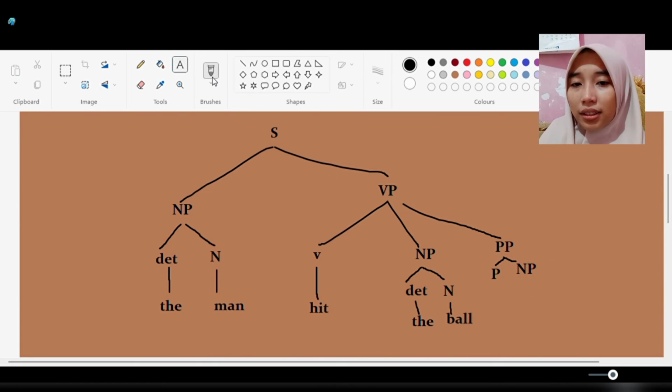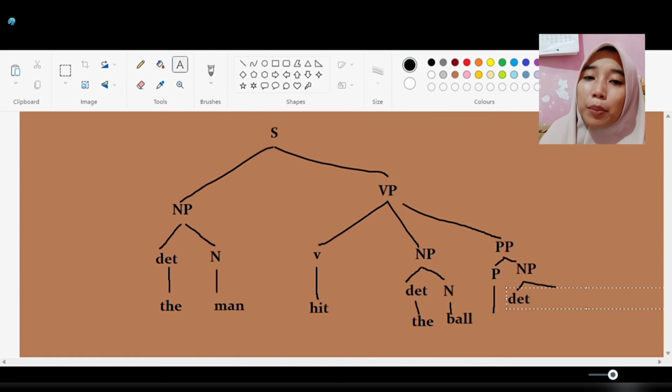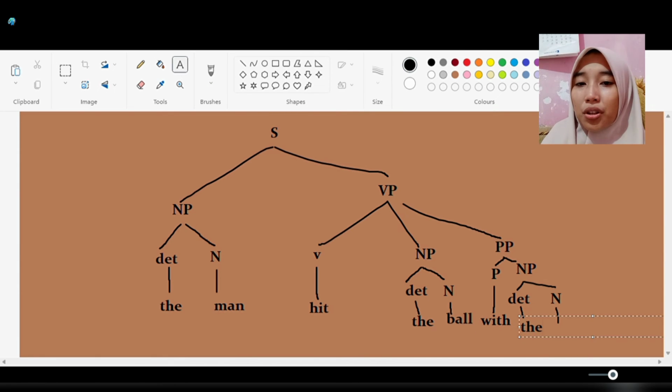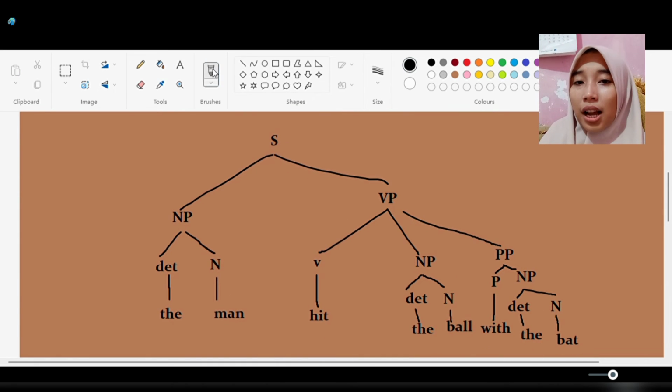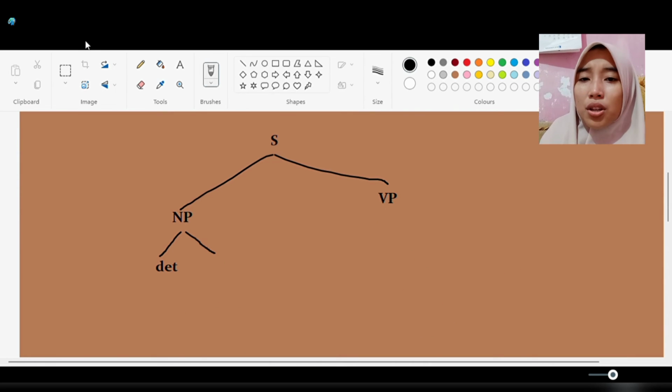So that tells you right here that "with the bat" has to start with the preposition with, and then you have another noun phrase within this prepositional phrase: the, a determiner, and then the noun bat. The man hit the ball with the bat. So that's again how you can see these embedded phrases within phrases, so you get the recursive property that we see in human language.